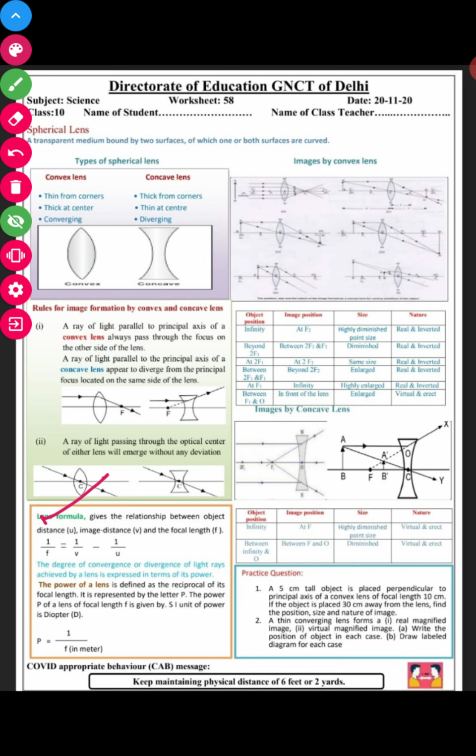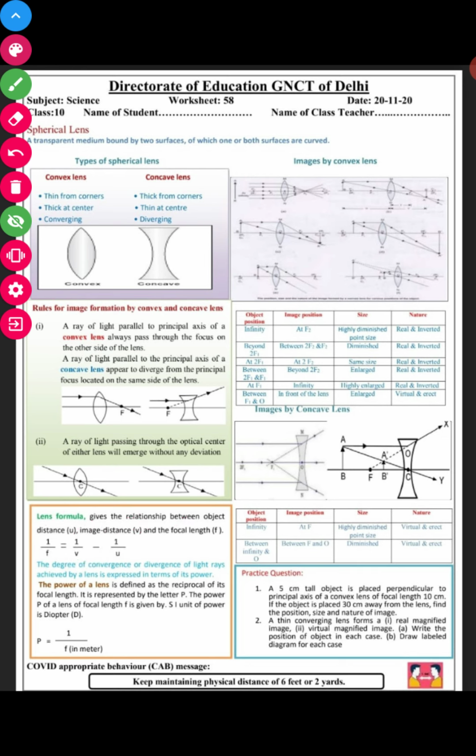Next we have the lens formula. In the lens formula we have 1 upon f is equal to 1 upon v minus 1 upon u. In the mirror formula we have 1 upon v plus 1 upon u, but in case of the lens formula we have 1 upon v minus 1 upon u.